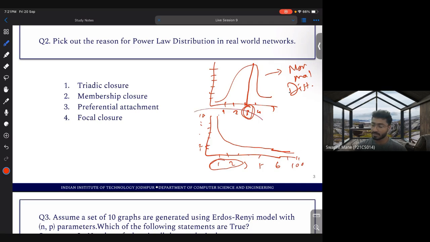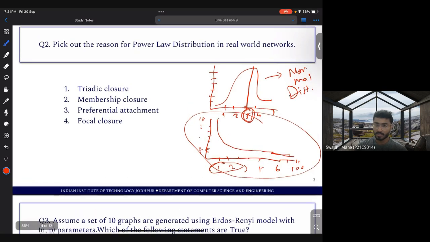So how did we obtain this plot? Because the real world network follows preferential attachment, which means a node is not randomly connected to any node. Suppose a new node comes into the network, it is not randomly connected to the other nodes. It is preferentially connected.